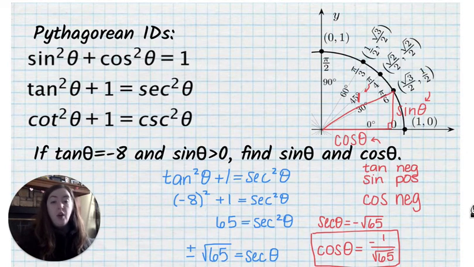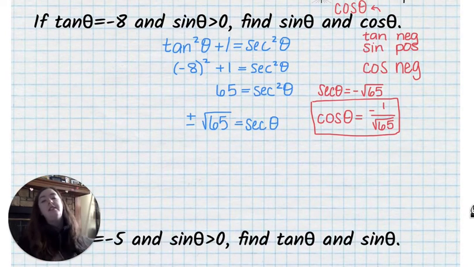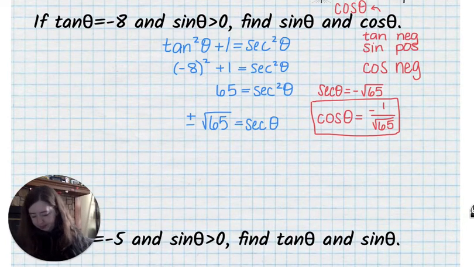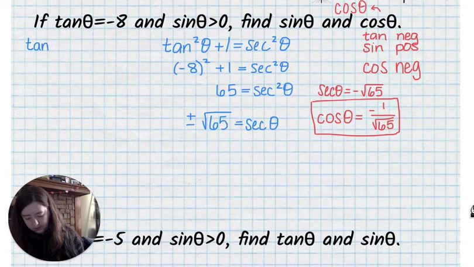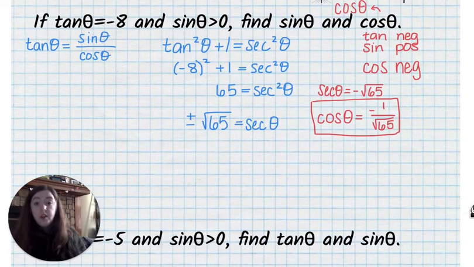Okay. All right, so we found cosine, but we are not out of the woods yet. We still need to find sine. Now, we know that tangent is sine over cosine. So let's write that down over here. So then we're going to replace in what we know now.